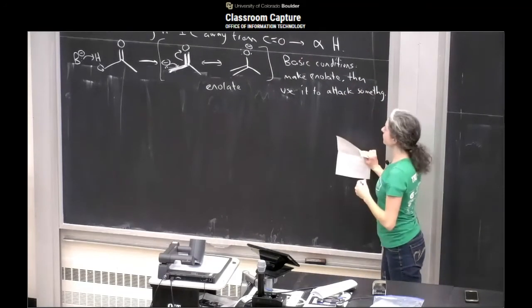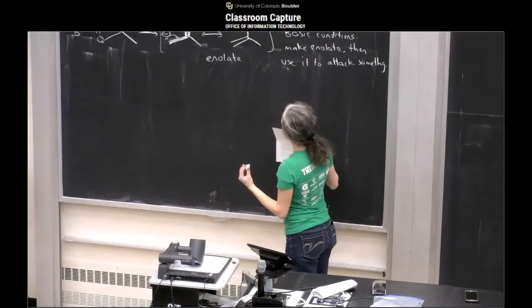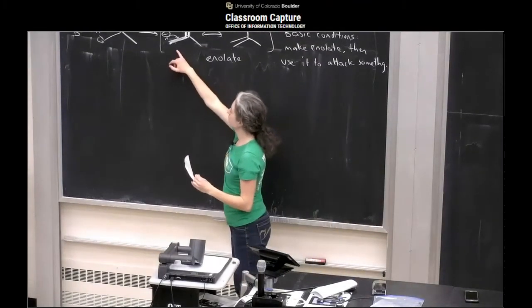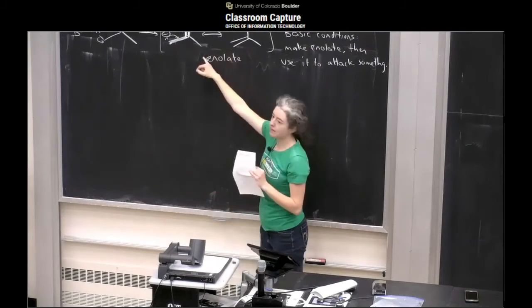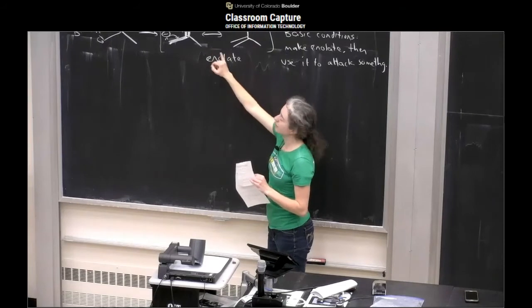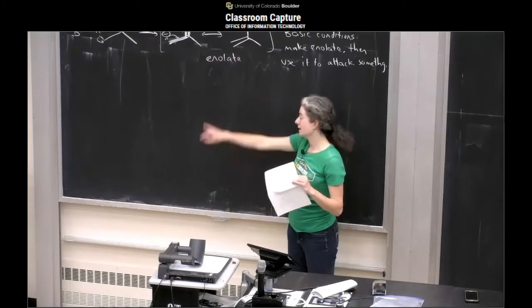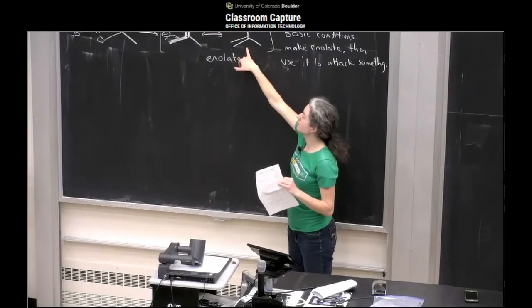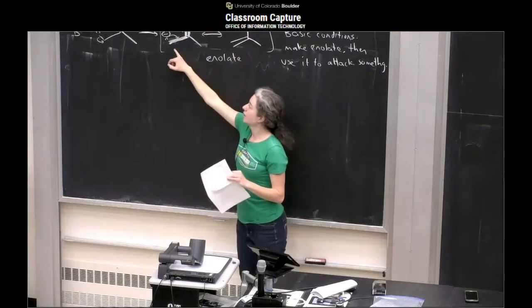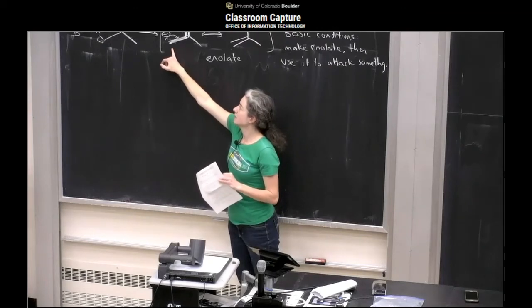From here, you could show the attack happening 2 different ways. As a side note, I don't really care which resonance form you show it in. Left or right, which one do you expect to be the dominant form? Right, exactly. This one's going to be the major form, but a lot of the chemistry and behavior that it does is a little bit more dictated by this form.